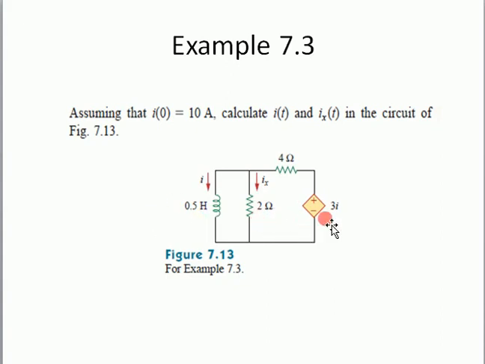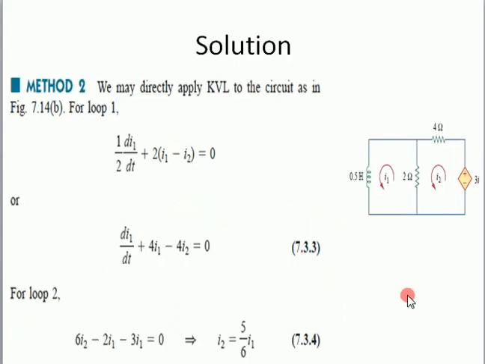And here you see that there is also a dependent source present in it, and that is the voltage source, having a value of 3I. In the book there were two methods to solve this, and I have chosen method number 2 for your ease.